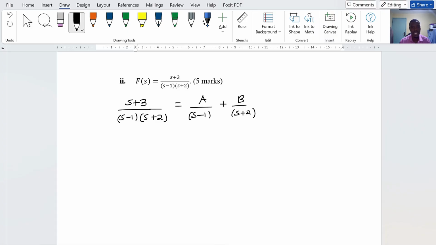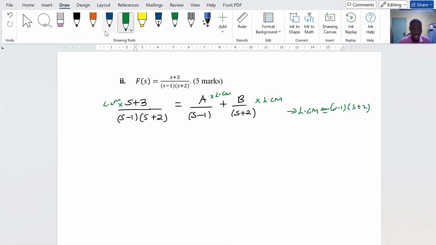Now we multiply through by the LCM. So here we define our LCM as (s minus 1) times (s plus 2).